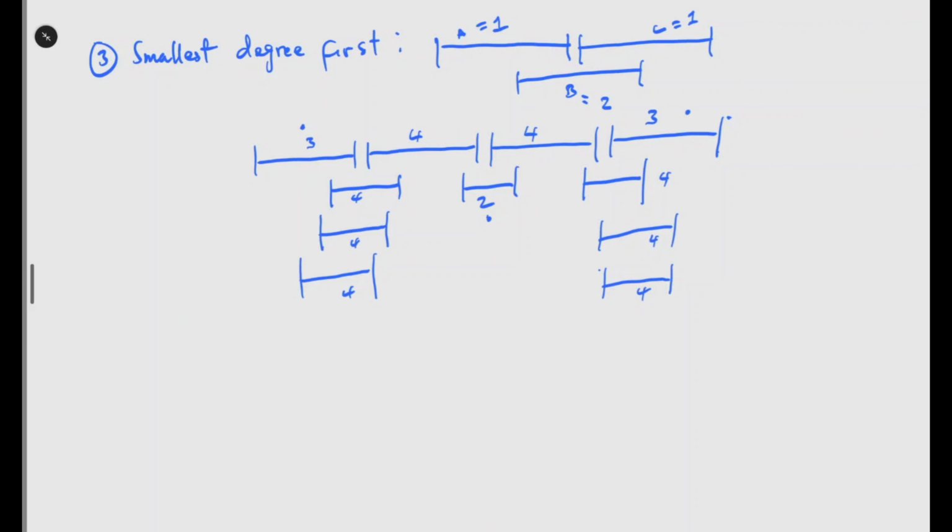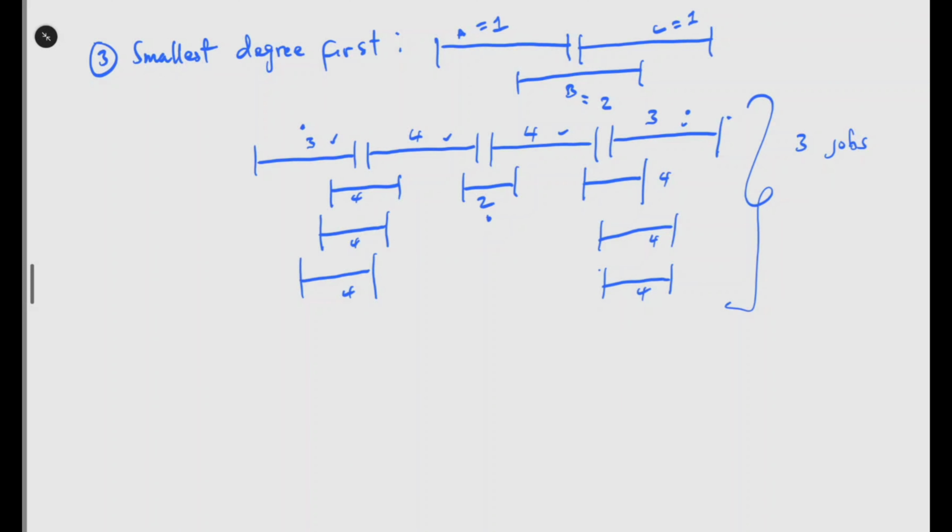So if we use smallest degree first with this problem, we only do 3 jobs, but the maximum number of jobs we can do is 4 jobs, because if we weren't following the smallest degree first strategy, we could have just executed this job, this job, this job, this job, because these 4 jobs do not overlap.